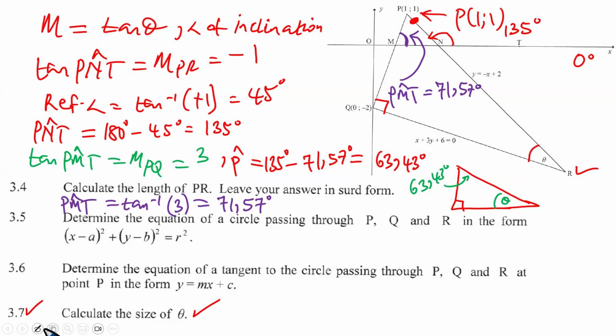So this one is back to the sum of angles in a triangle. Here you must state the reason why we said 135 minus 71,57.